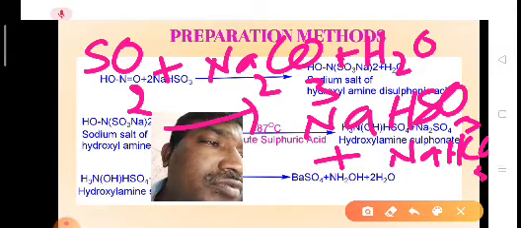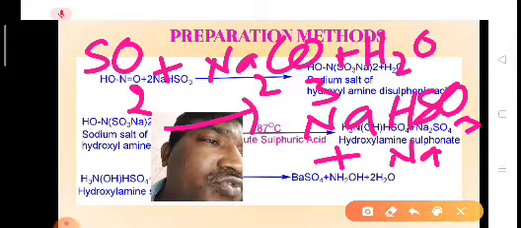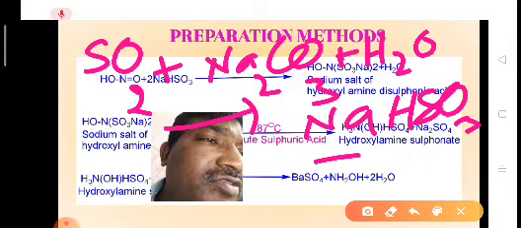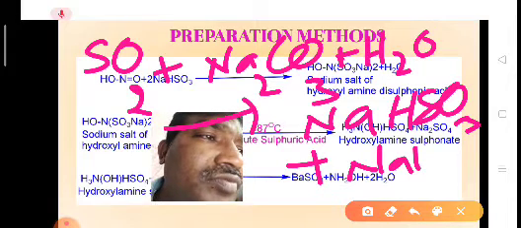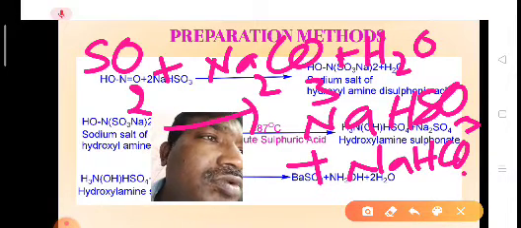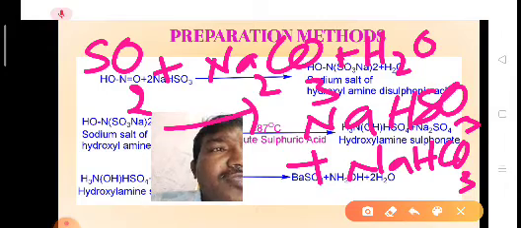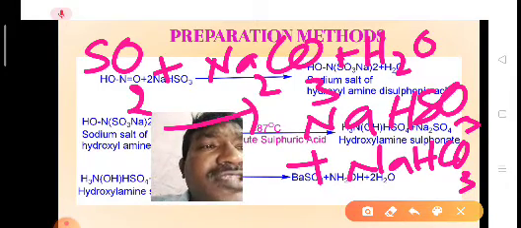So we have such a type of two salts here. I write once again. Sodium bicarbonate.